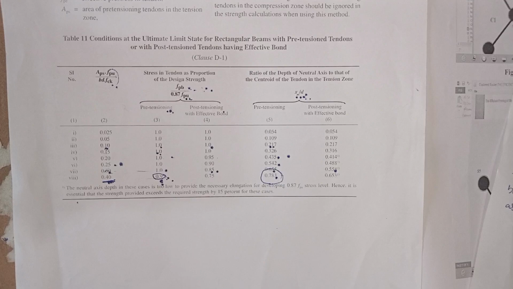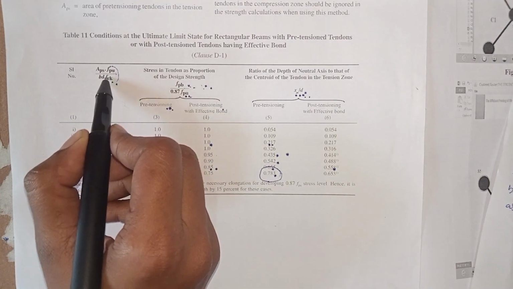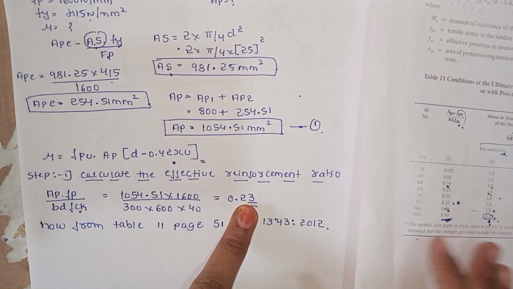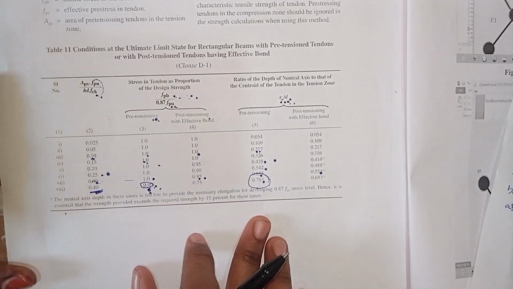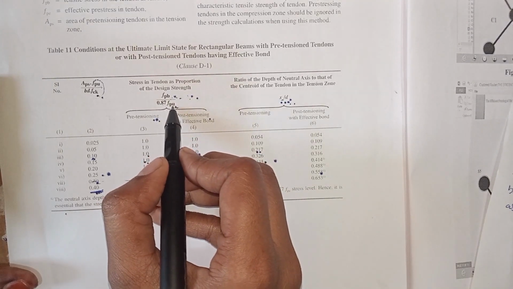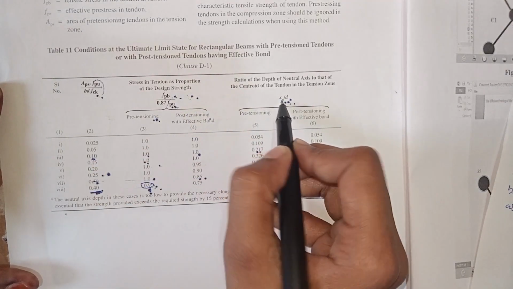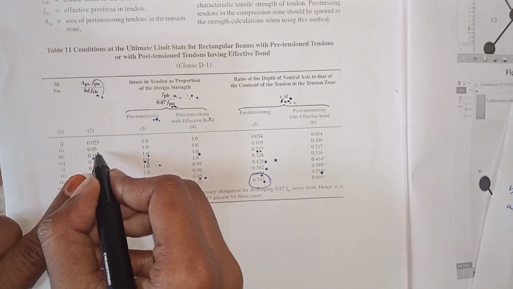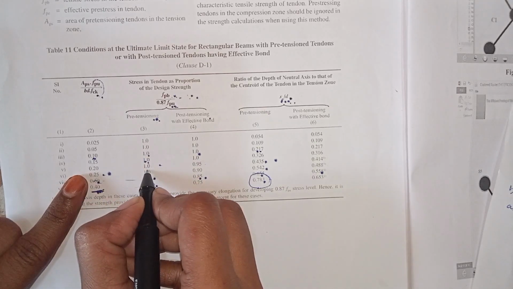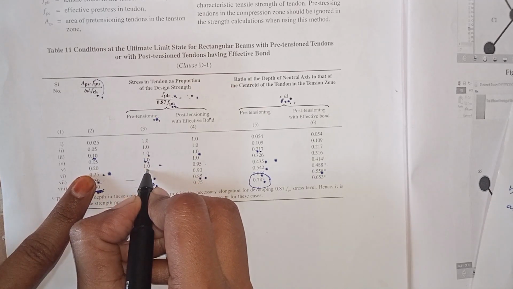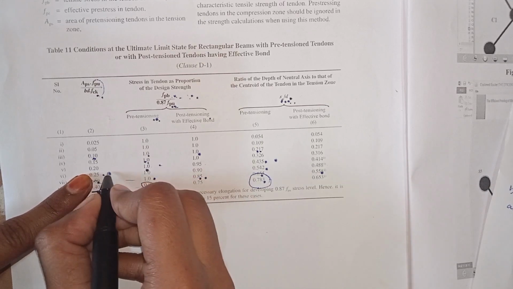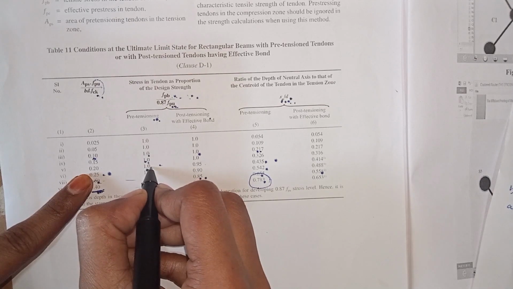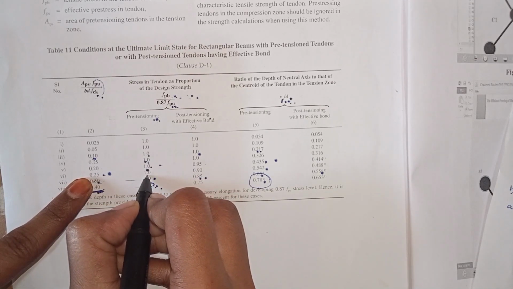Ap into fpu divided by b d into fck equal to 0.23. Here we don't know the 0.23 corresponding value, so with the help of interpolation we find the 0.23 corresponding value.